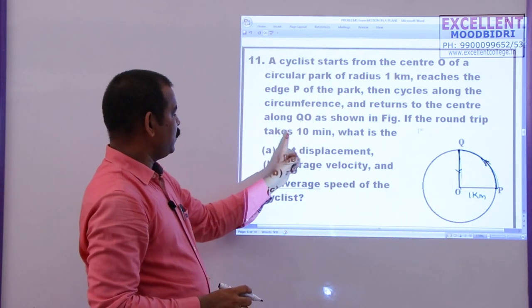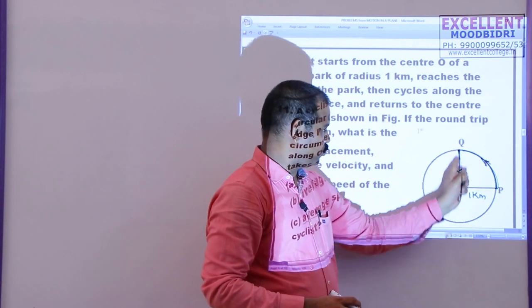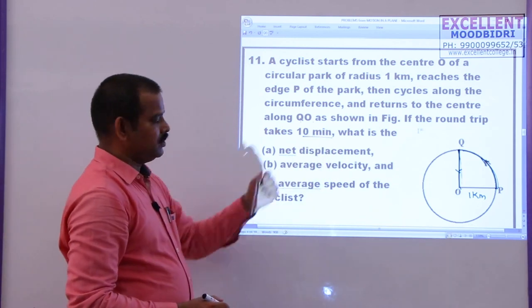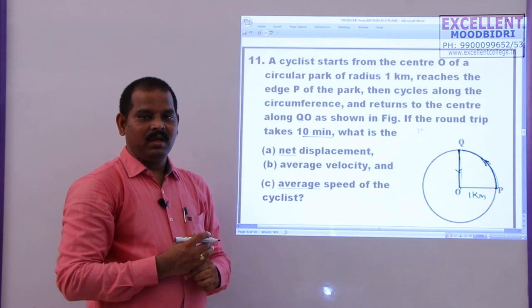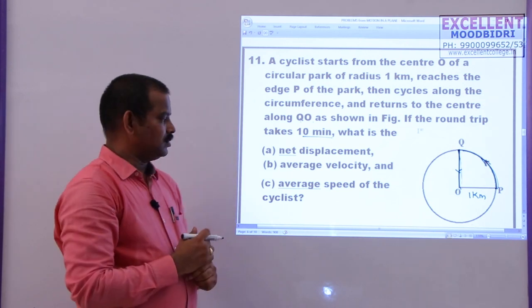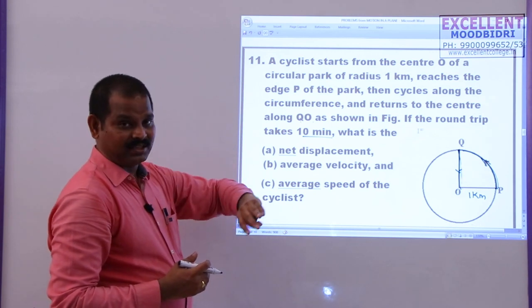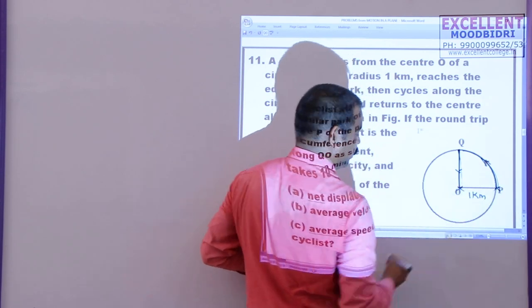Now, if the round trip takes 10 minutes, so for him to travel from P to O via Q, he took 10 minutes. So what is the net displacement? We know from this lesson that the net displacement is the difference between the two positions, that is final position minus initial position. It does not depend upon the actual length of the path traveled, only on the initial point and final point.